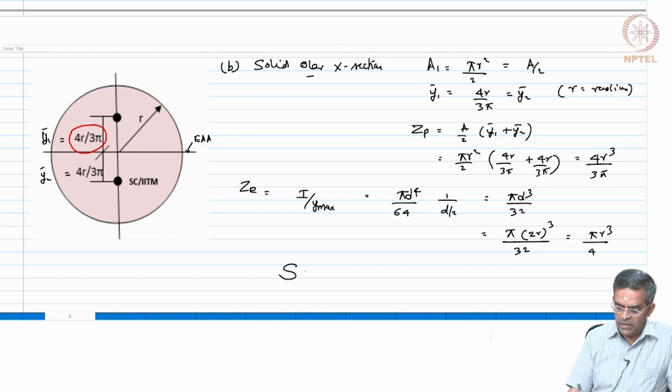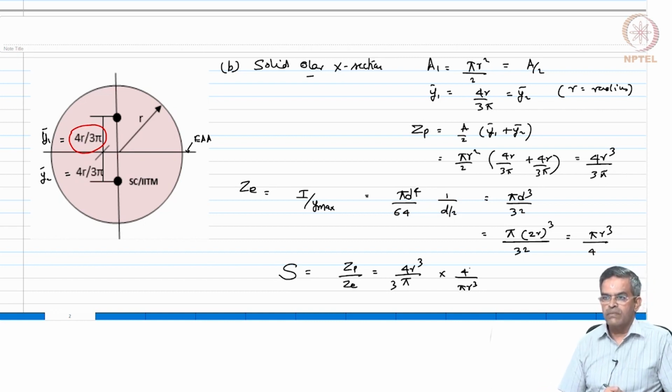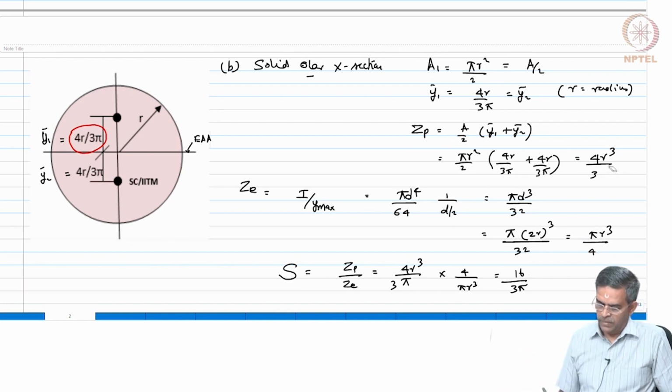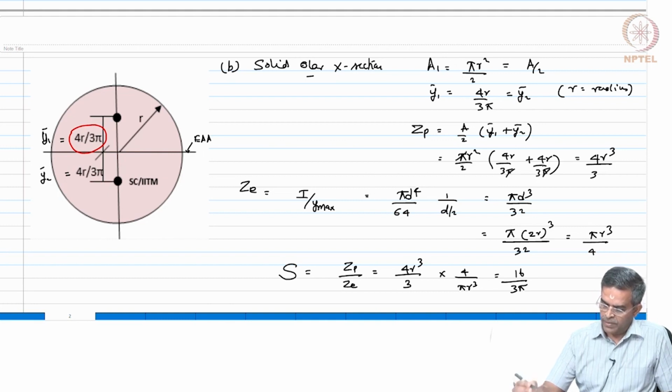As the classical definition, shape factor is Zp by Ze, which is 4r cube by 3 divided by pi r cube by 4. Sorry, this is only 4r cube by 3, please make that correction, as the pi goes away here.